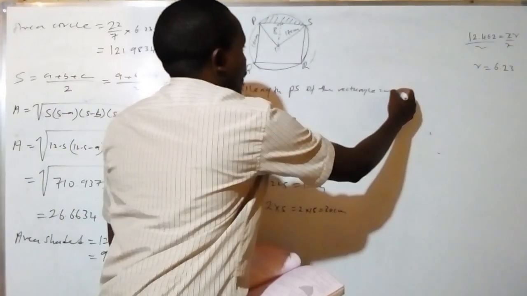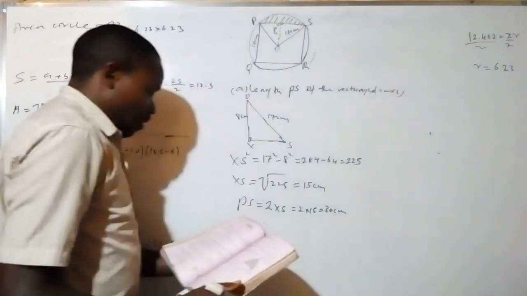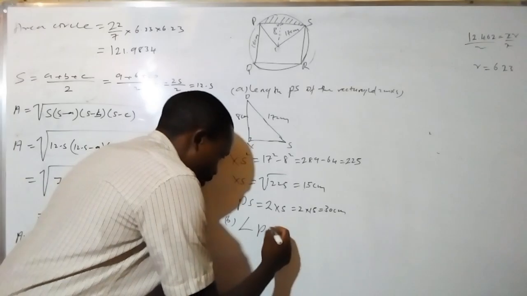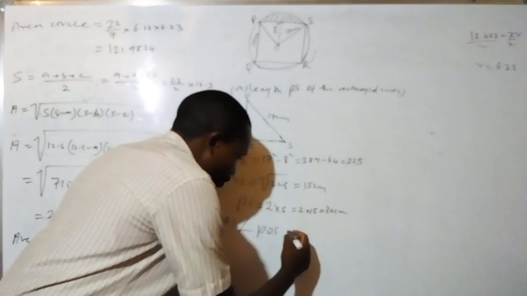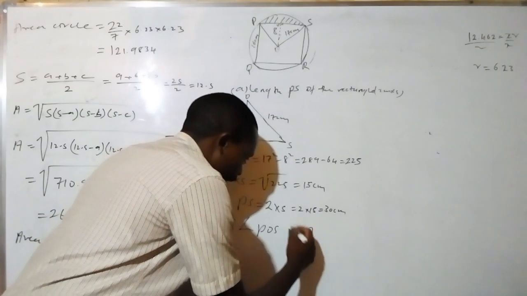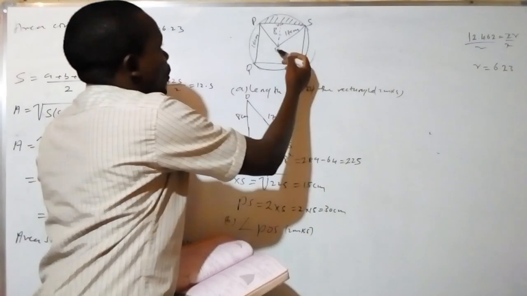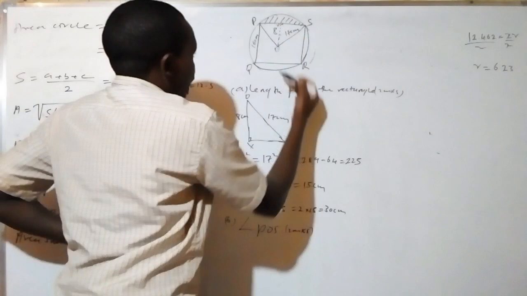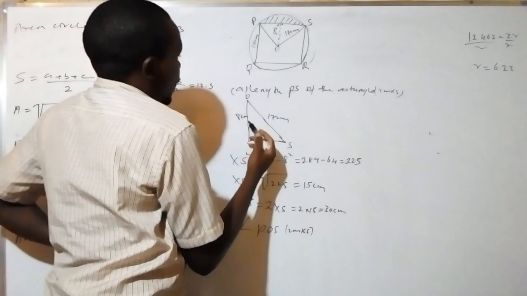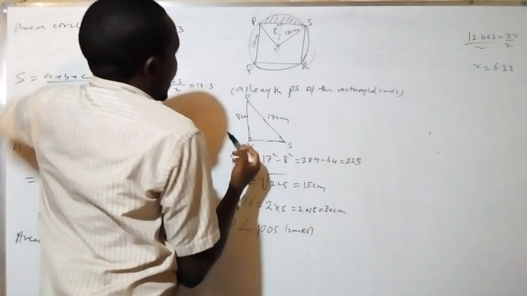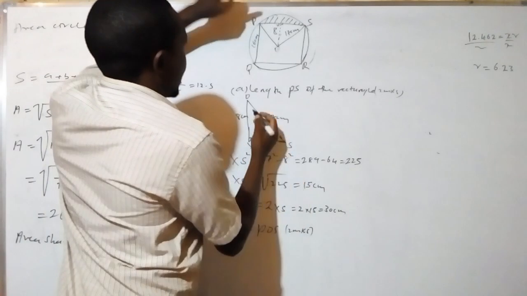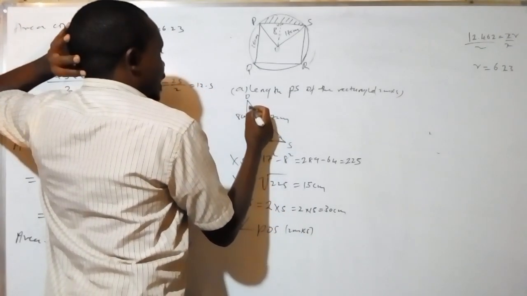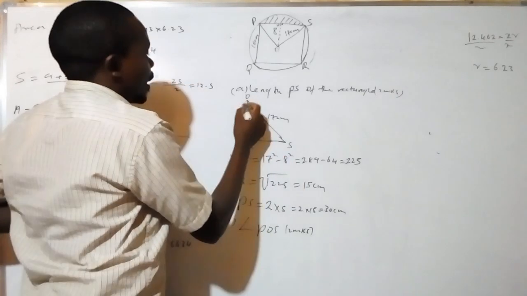Next, angle POS, 2 marks. You can compute that. We can first of all get angle XOS, then multiply by 2. Allow me to extrapolate here.